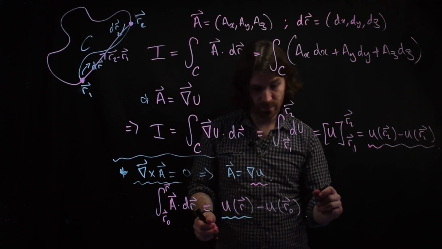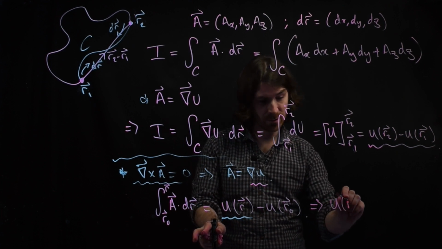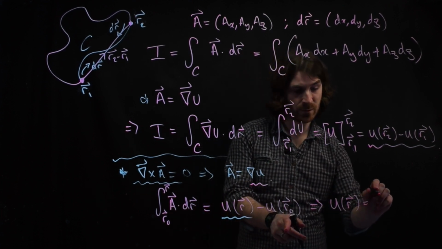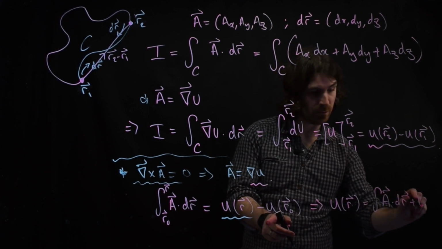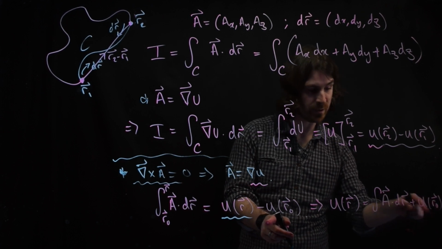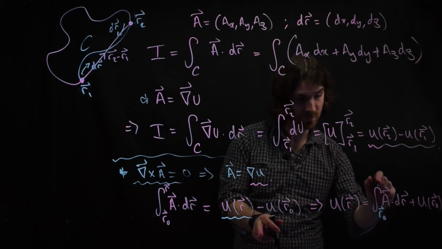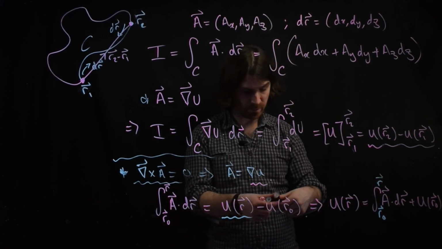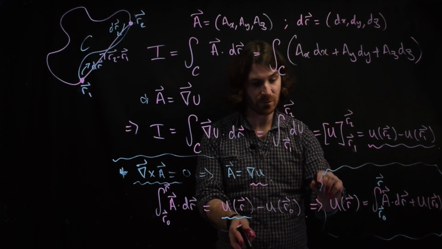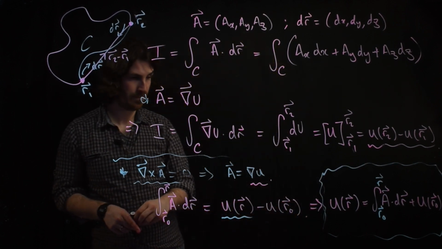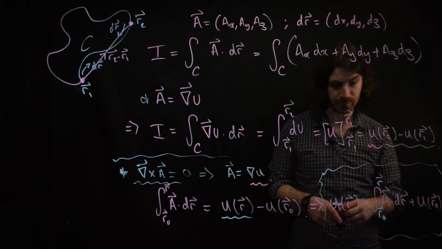So the potential at some arbitrary r is equal to the integral of A dot dr plus u evaluated at this arbitrary point r0, which we choose. So this expression allows us to find the potential u, that will give us A if we take its gradient.